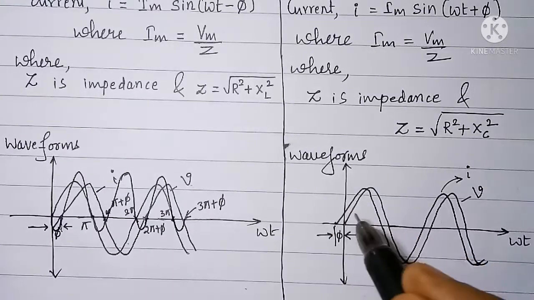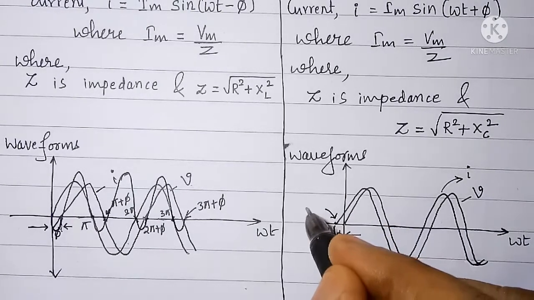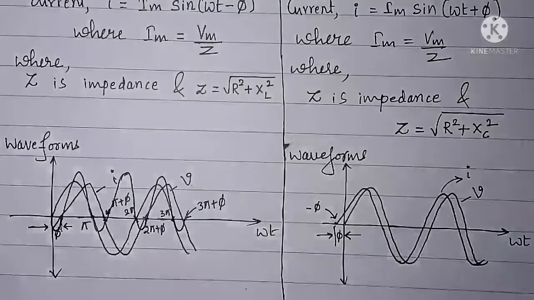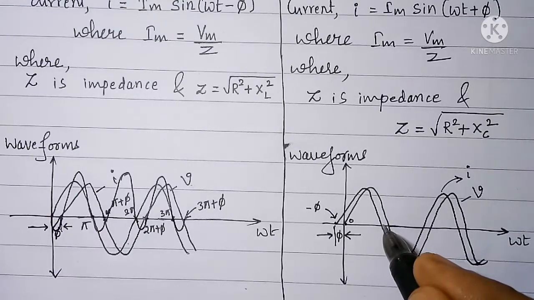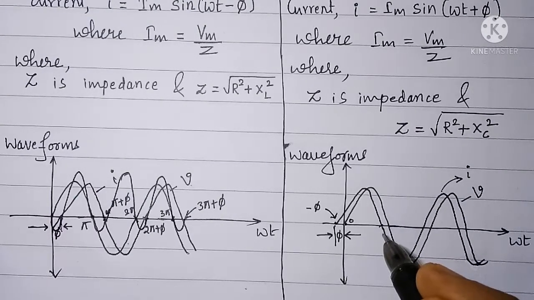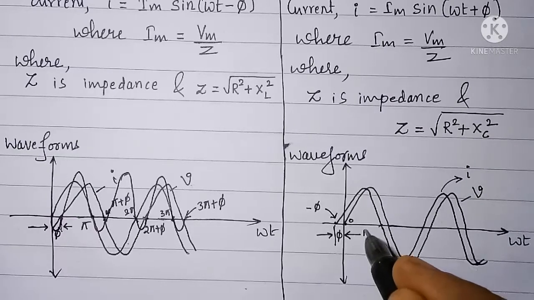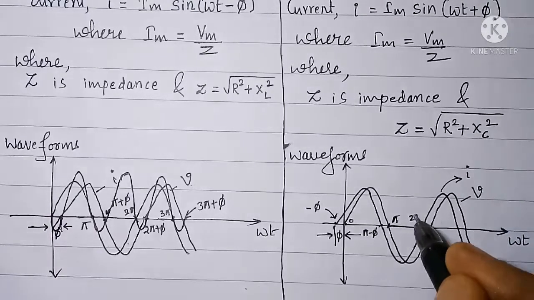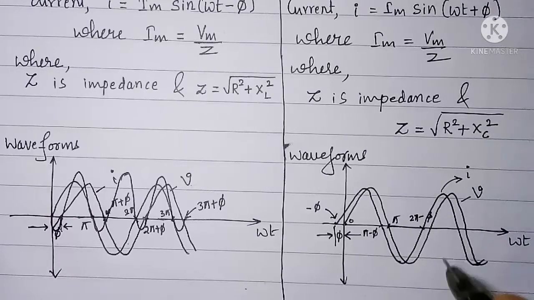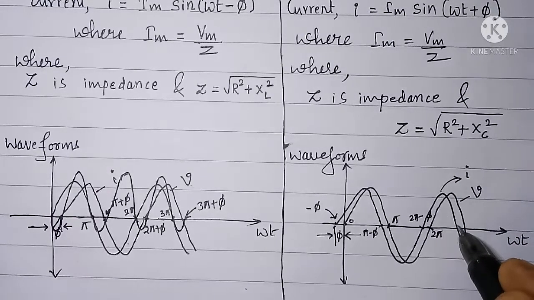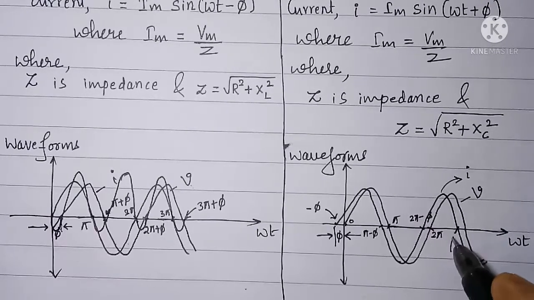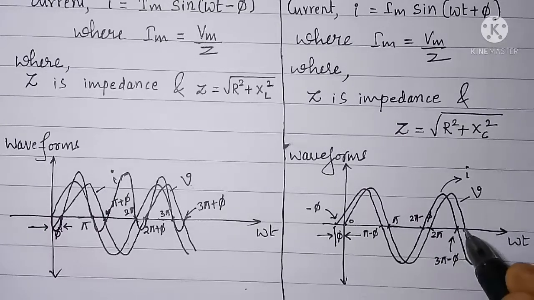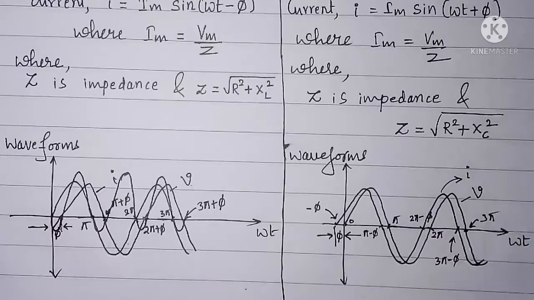And here, this is minus phi here, 0, here it is pi minus phi, this is pi, this is 2 pi minus phi, this is 2 pi, this is 3 pi minus phi, and this is 3 pi.